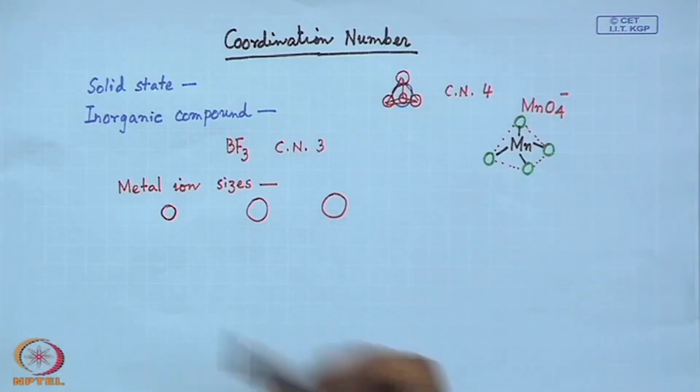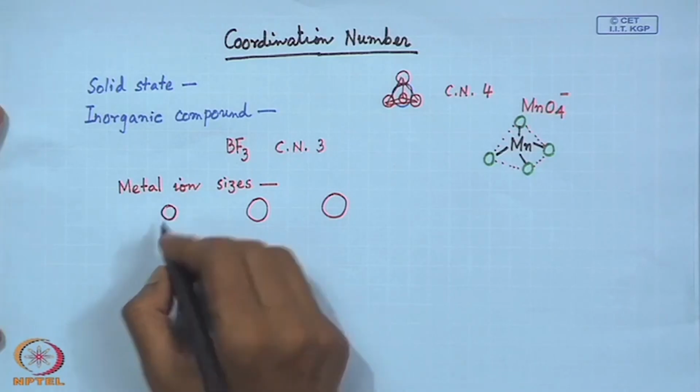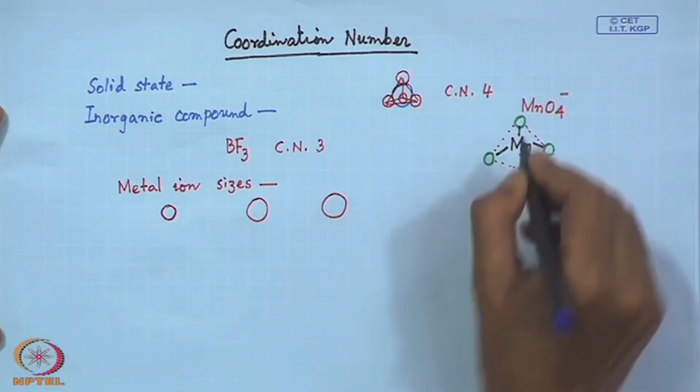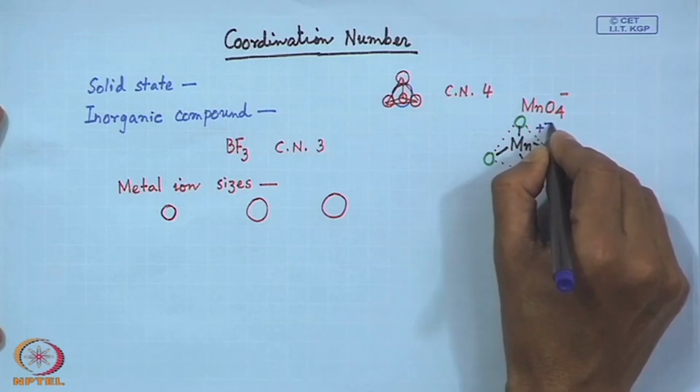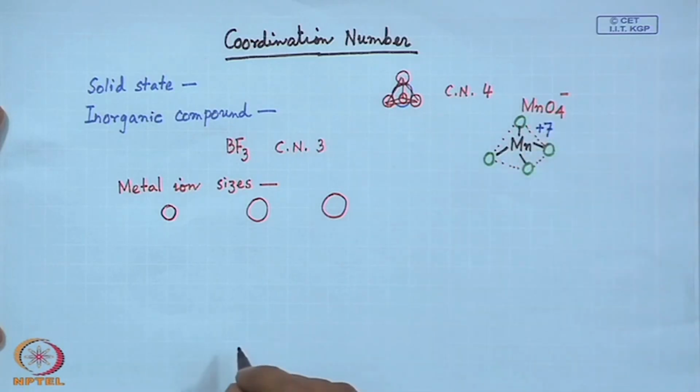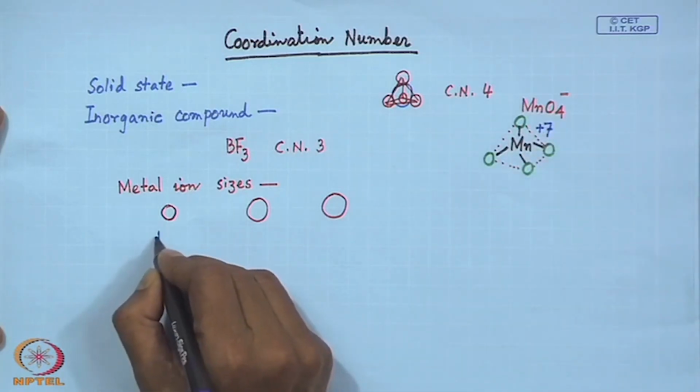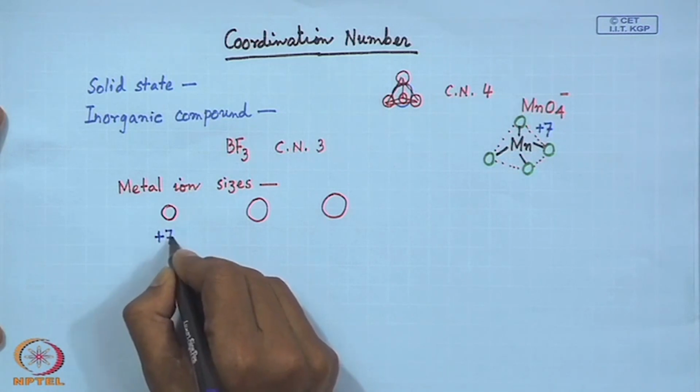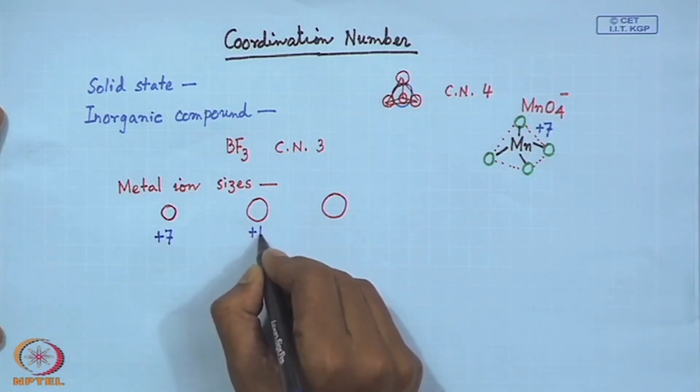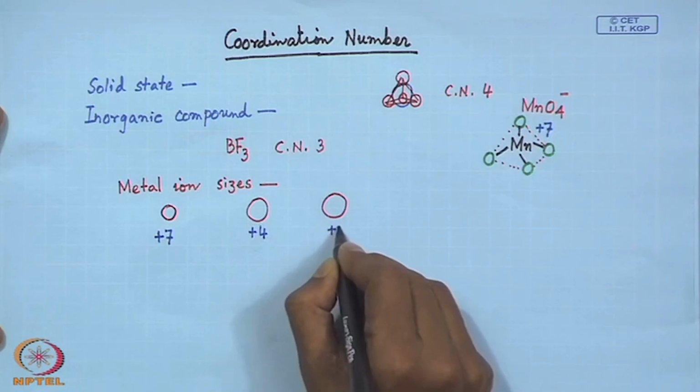What we immediately consider can be manganese in +7 oxidation state. The smallest one is in +7, then we can have +4 or +2.